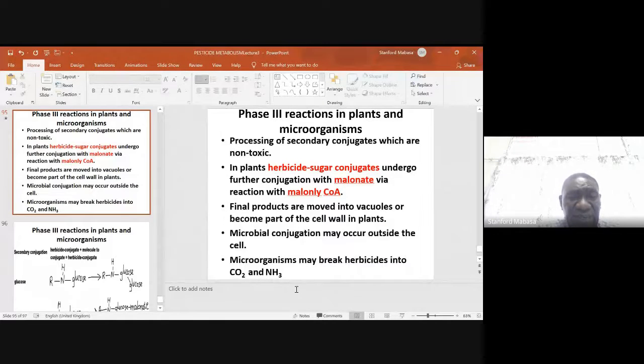In phase 3, we have a further alteration where we are adding more sugar to either malonate or malonyl pesticide glucose, where we'll end up with malonyl pesticide glucose.